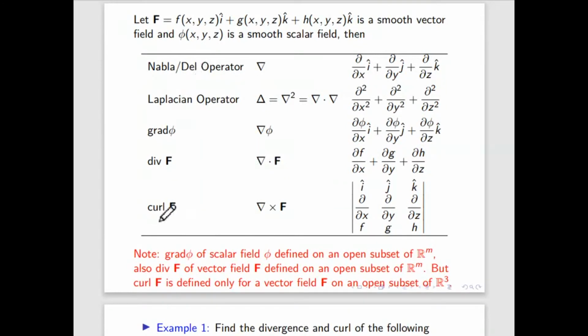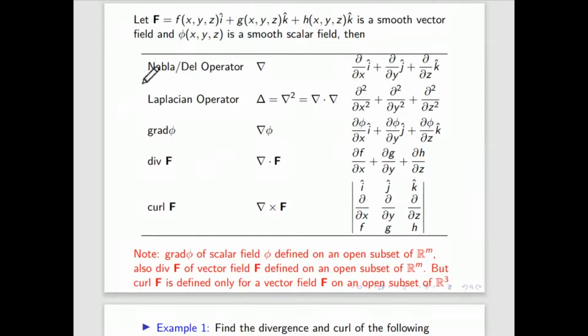One more thing is that the cross product is defined only in 3 dimensions. So what this note says is that the gradient we can define in Rn, like you can define the gradient in R2, R3, R4, even any Rn dimensional space. The divergence is also defined for Rn, but the cross product is only defined for 3D.